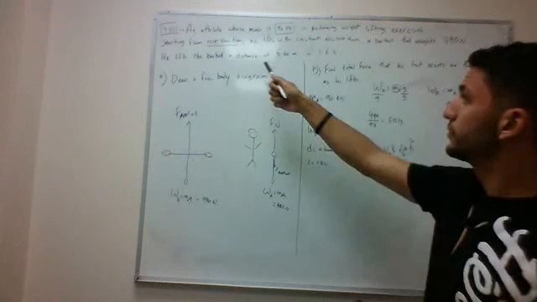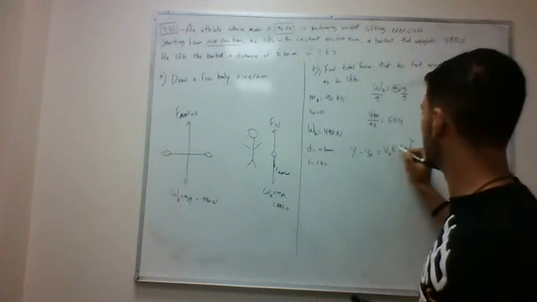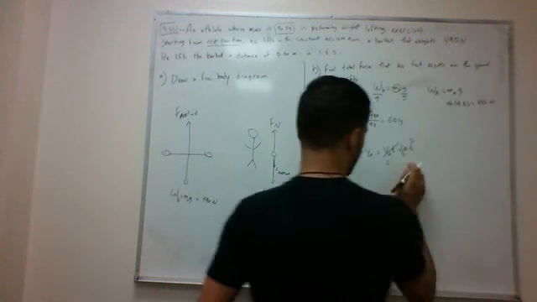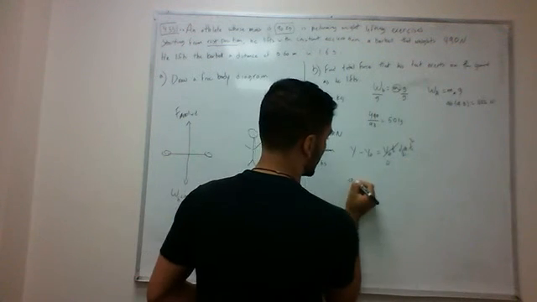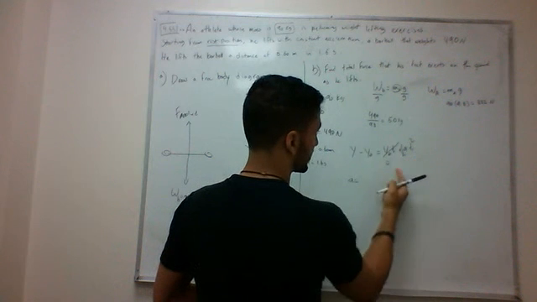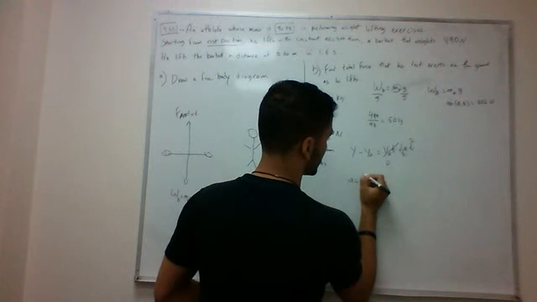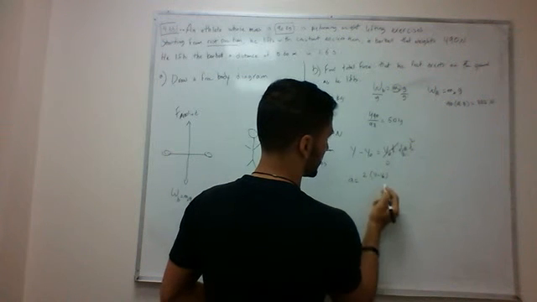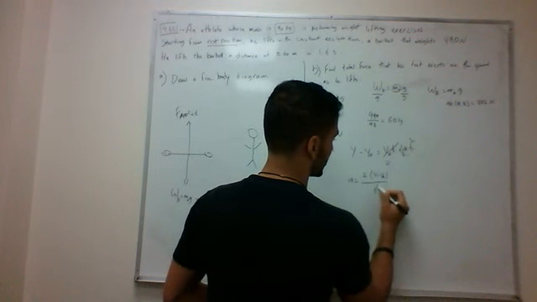As we said, starting from rest, v initial equals 0, so this part equals 0, and we're trying to solve for a. So a equals, we're going to multiply both sides, so it's going to be 2 times y minus y initial, divided by t squared.